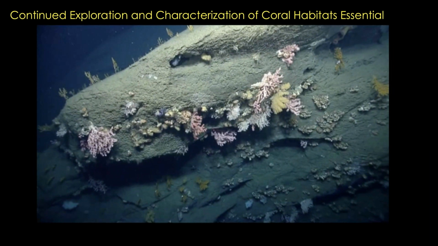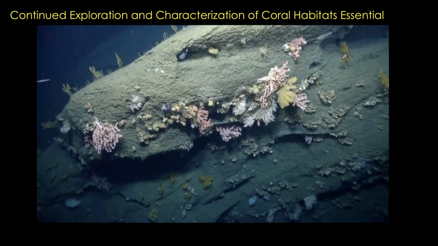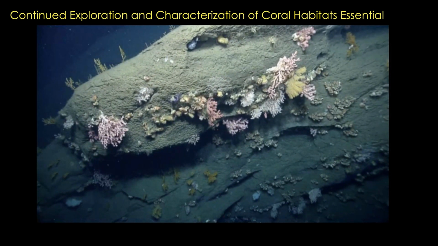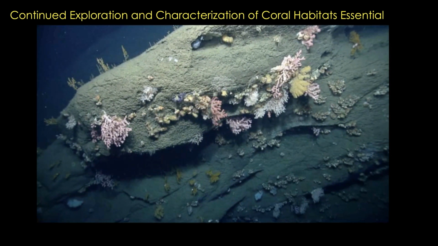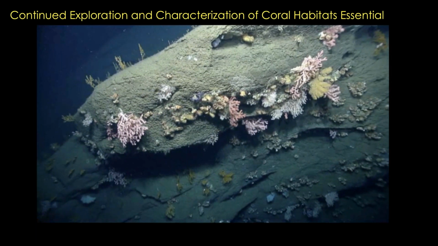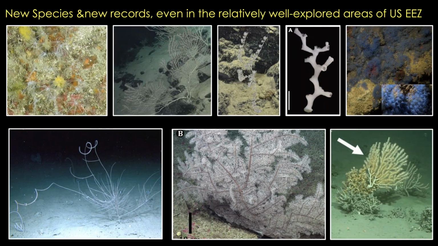Characterization, basic biodiversity science, continued exploration and characterization of these coral habitats is essential. We need to improve documentation of species diversity and distribution throughout our world ocean. Every time we go out to sea, we find new species, new records, even in what we think are relatively well-explored areas of the US EEZ.